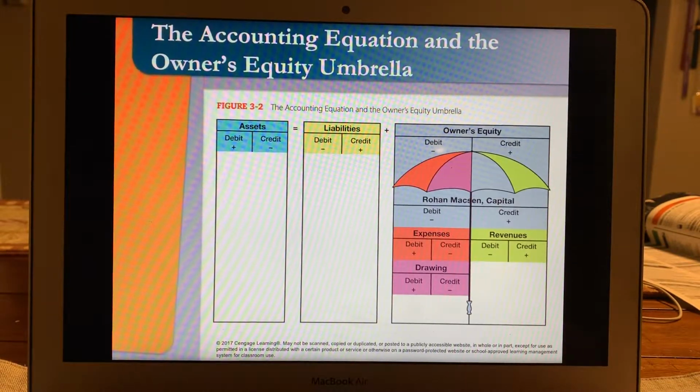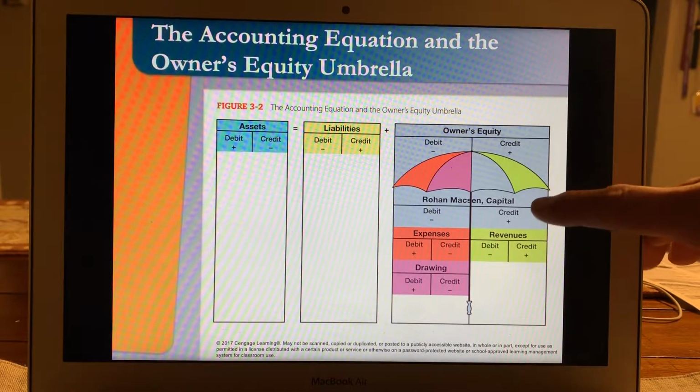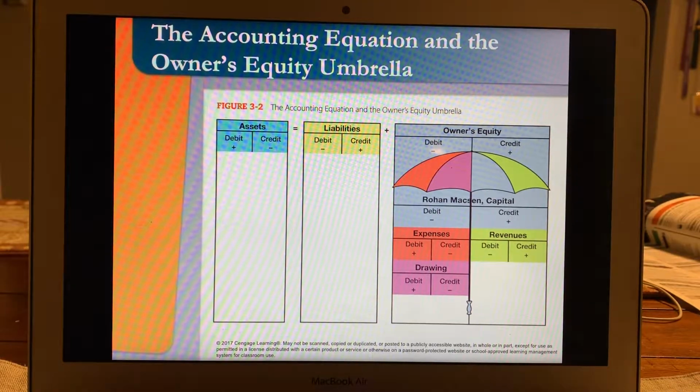Here's an example. Assets equals liabilities plus owner's equity. Notice there's an umbrella to give you an example. Debit, credit. Then down below it says capital right here. It's a capital, so anything below that would go under capital.